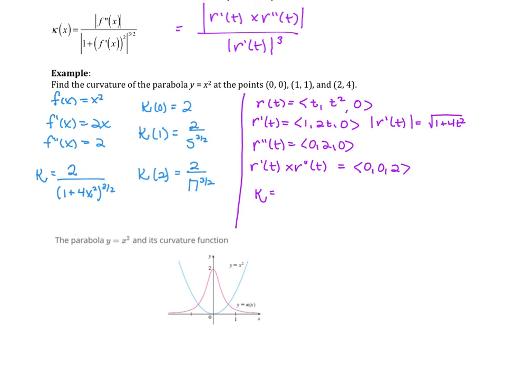So on our problem, we would have the square root of the cross product squared, which would be 4, so the square root of 4 over the square root of 1 plus 4t squared to the third. Simplifying, we get the same thing we got before: 2 over 1 plus 4t squared to the 3/2. So you can see the formula for the curvature is the same, regardless of whether I'm doing it in terms of x or in terms of t. So there is curvature for you. All right, we will see you soon.